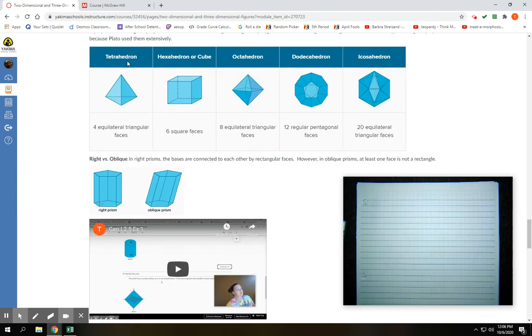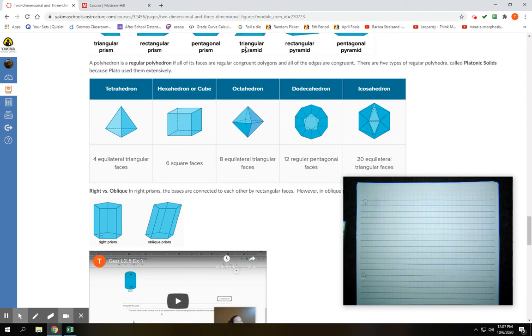So your fancy named ones are your tetrahedron, which is a triangular pyramid. It's got the triangle base and it's got the triangle sides. Okay. Hexahedron or a cube. That's what people are most familiar with. You see this a lot in the world.